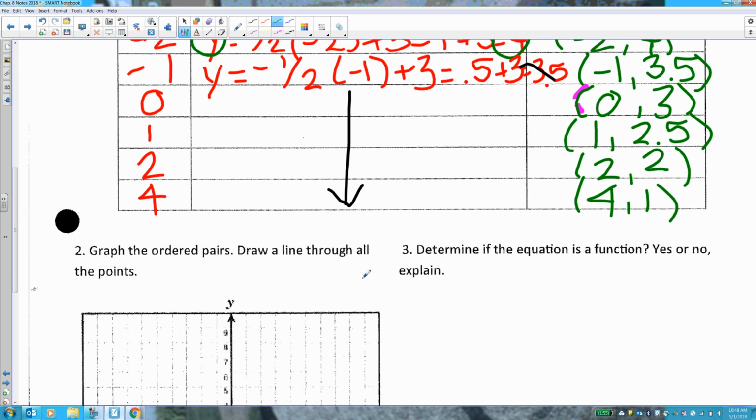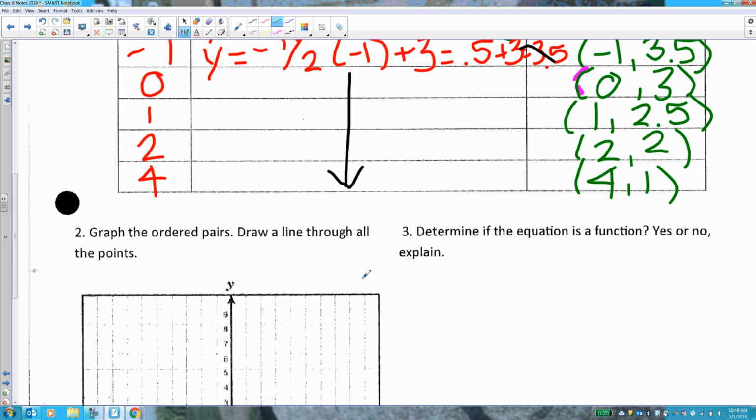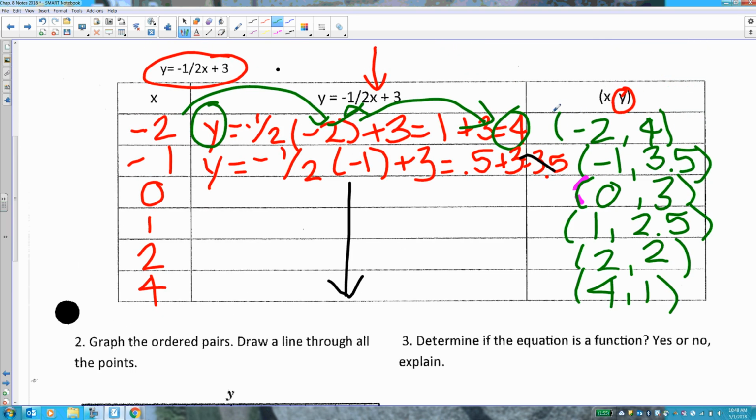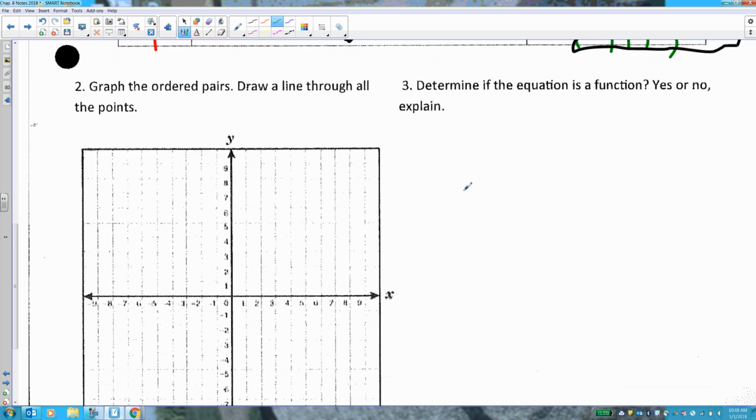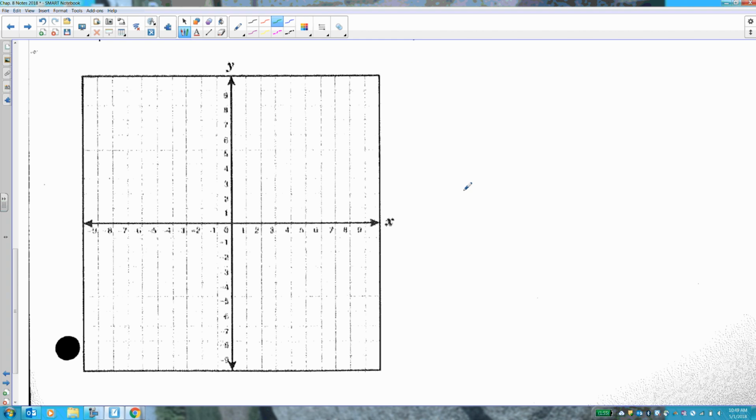And then all you're going to do is go graph them. So you're going to take your coordinate pairs that you found, the ones in green, and you are going to go graph them on the coordinate grid down here. Now these lines are hard to see, so you can just guesstimate. -2, 4. Sorry, guys. Whoops. -2, 4.